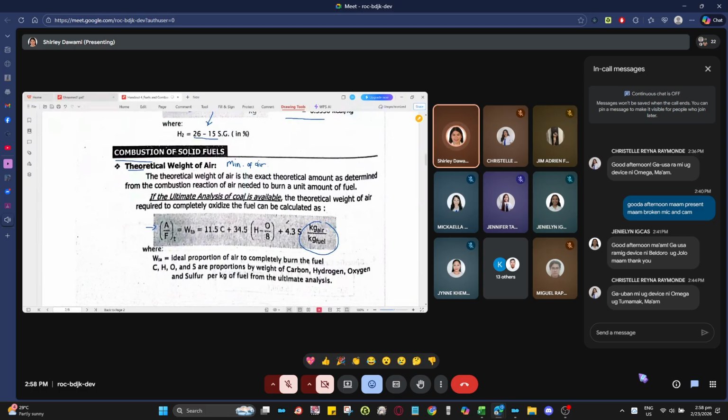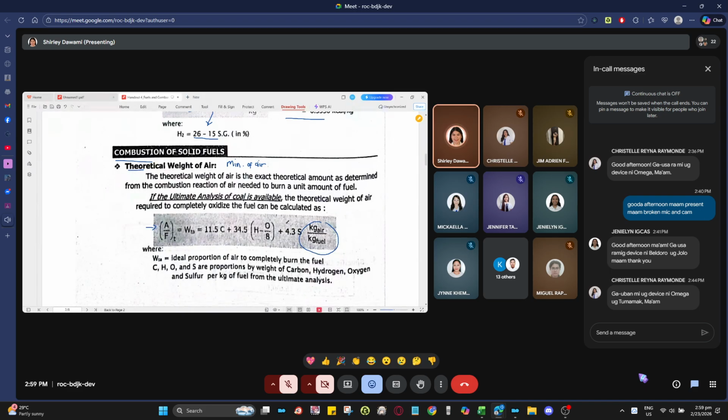There are similar terms that may be mentioned in the problem. Sometimes a problem will say find the minimum amount of air, or find the theoretical air-fuel ratio, or find the theoretical weight of air. So it's important that we learn the different terms.